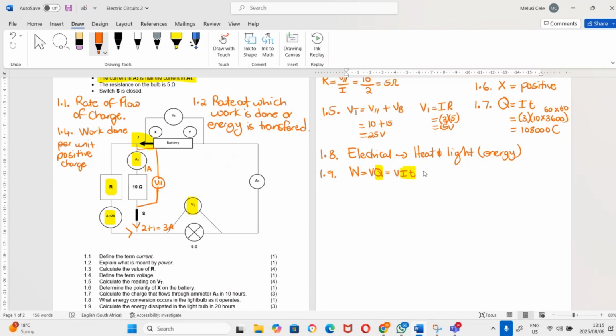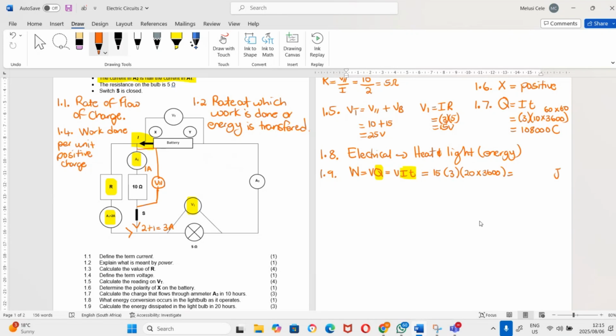And then after doing that, we know the voltage over the bulb. The voltage over the bulb is 15 volts. We know the current flowing through the bulb is 3 amps. And now this bulb is operating for 20 hours times obviously 3,600 to get that into seconds. And energy is obviously calculated in joules.